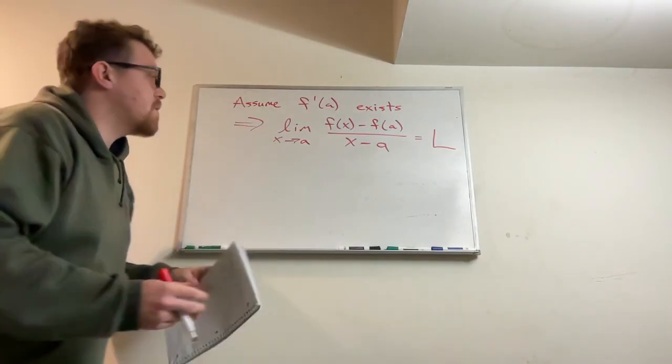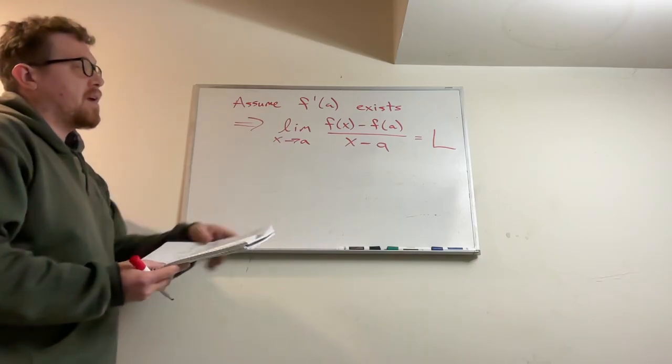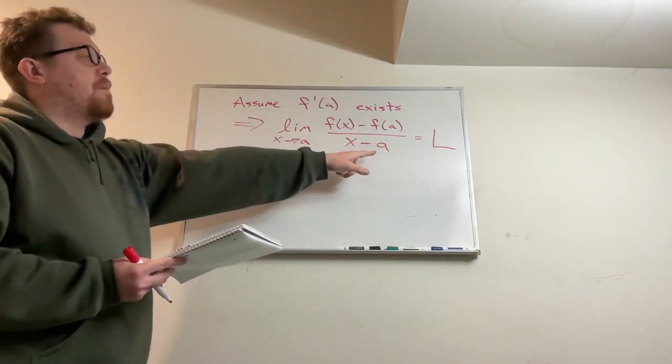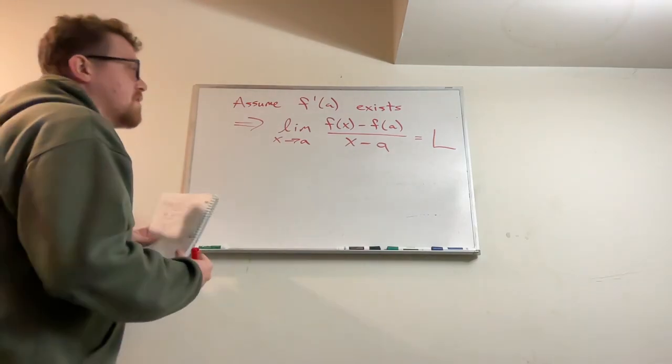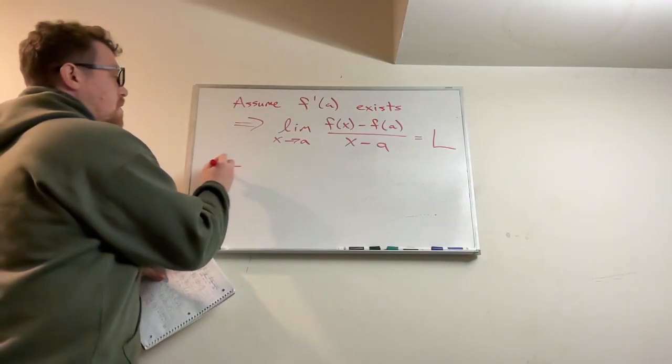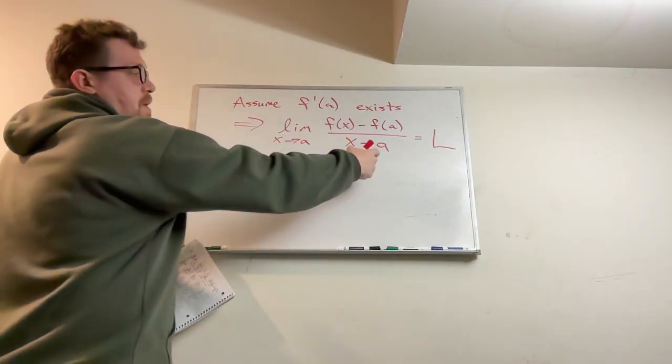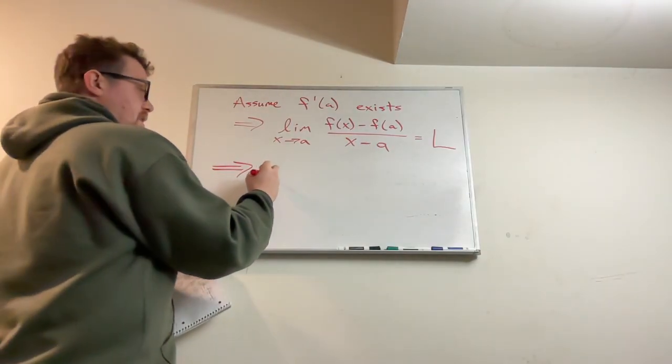Okay, so what we do here is we're going to multiply by another limit that we know exists, which is x minus a as x goes to a.